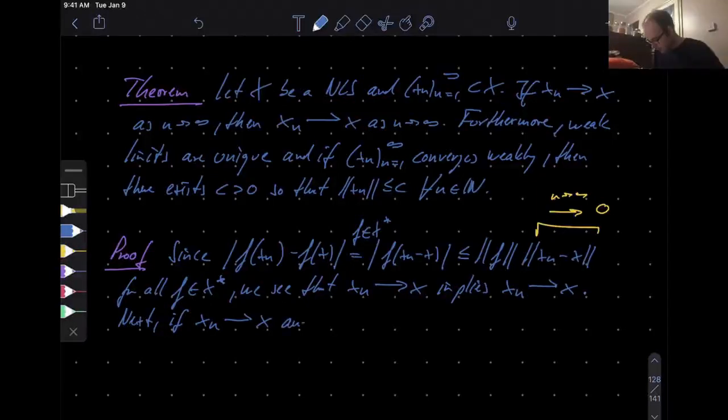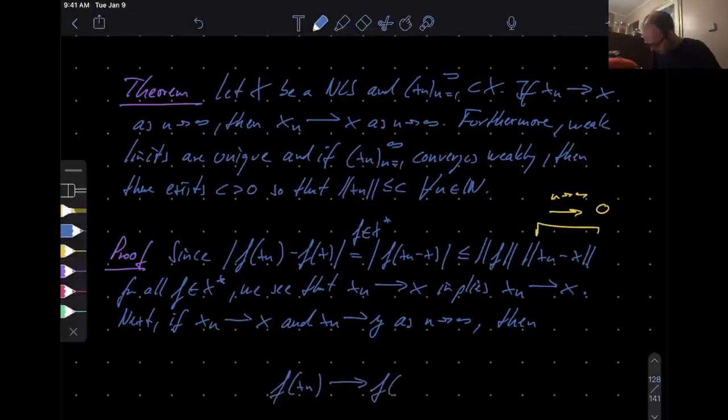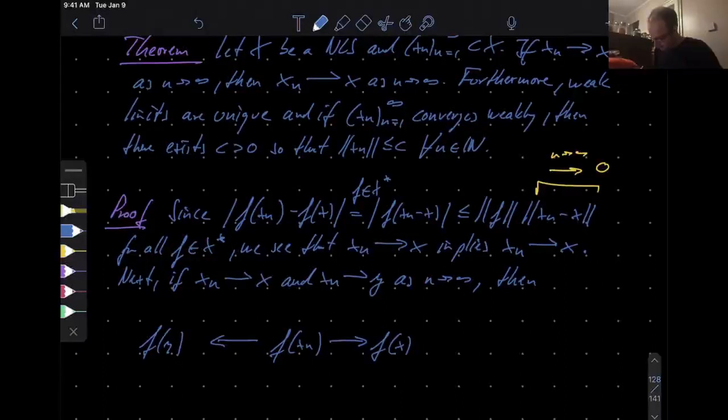Okay. Now, about the uniqueness. If you have, well, Xn converges weakly to X and Y, as n tends to infinity, then, okay, I'll write it a bit funky like this. So f of Xn, on one hand it converges to f of x, and on the other hand it converges to f of y, both as n tends to infinity.